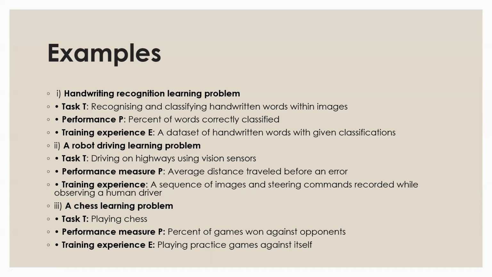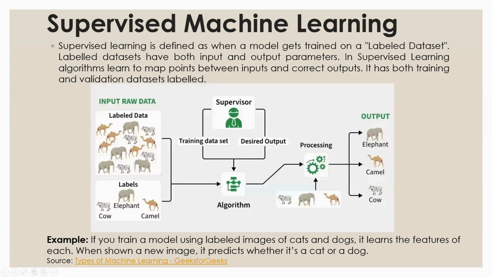Whenever we input a raw data set, we have both a training data set as well as a testing data set. Let's say 80% of the labeled data comes under the training data set, and 20% of the data comes under the testing data set.